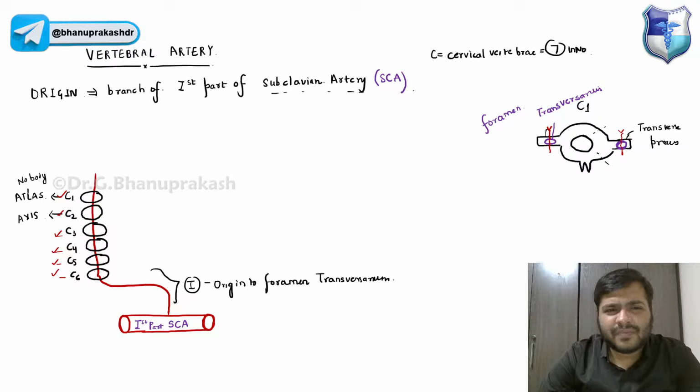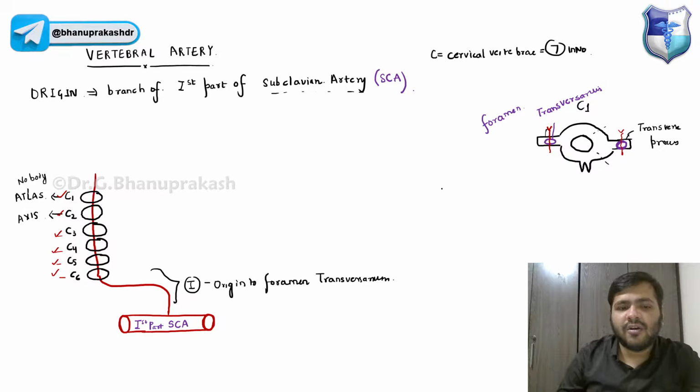Now this first part, guys, it will give off muscular branches. So this part of the vertebral artery, this is the vertebral artery, and you need to remember this first part of the vertebral artery.